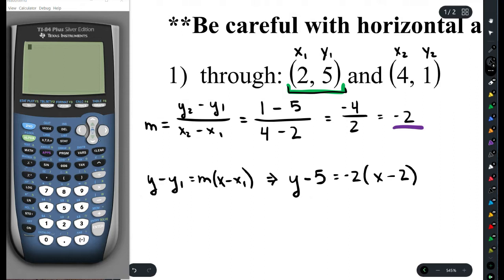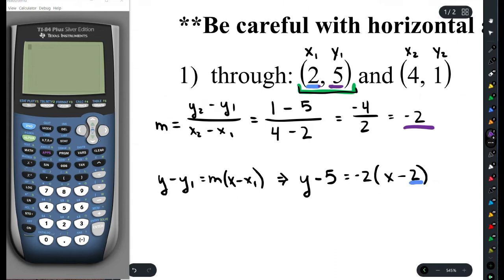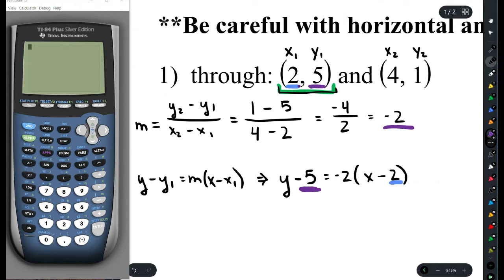Where did all that come from? x1, y1, and our slope from m. Now it's just an exercise in solving. So y minus 5 equals negative 2x plus 4.